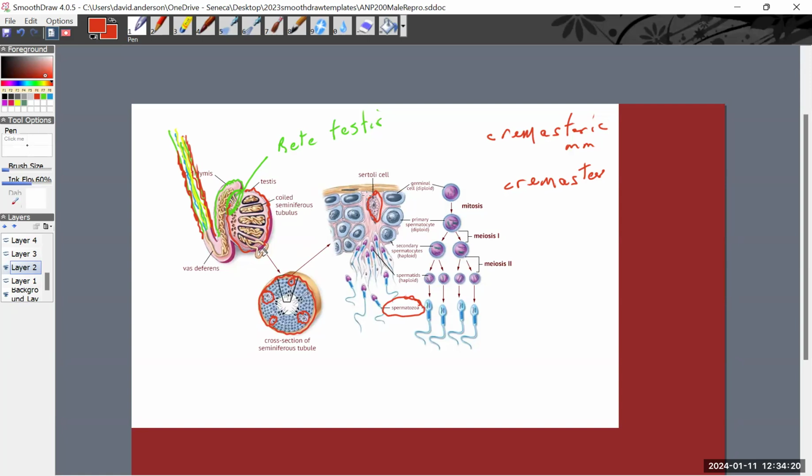So it provides a number of functions. It provides some nutrition. It provides a stable environment for the process of spermatogenesis, which is all very important. And remember in the brain we talked about a blood-brain barrier? In this case, the Sertoli cell performs what's called a blood-testes barrier so that the immune system doesn't start to attack spermatozoa.